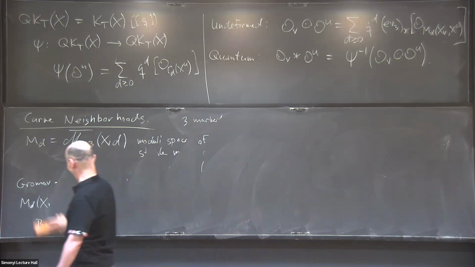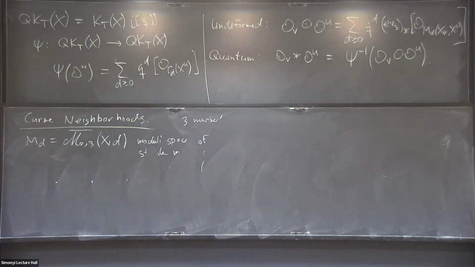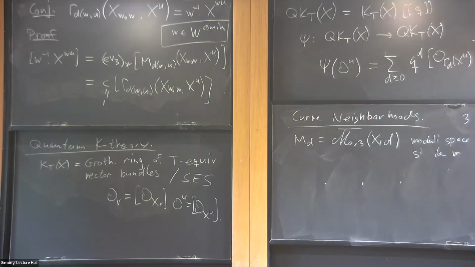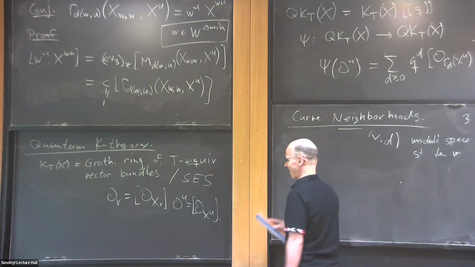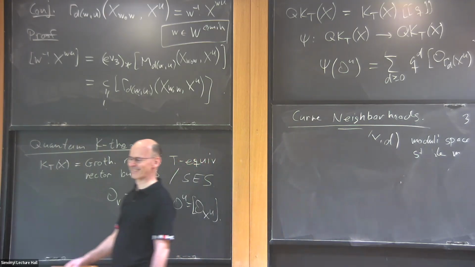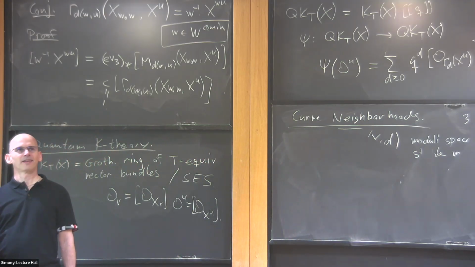Star is associative? Star is associative, yeah. Givental figured out how to define an associative product in quantum K theory. And if I take that as a definition of star, we check that it's associative.